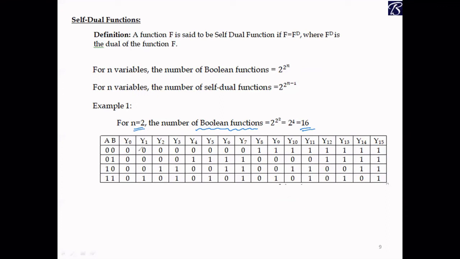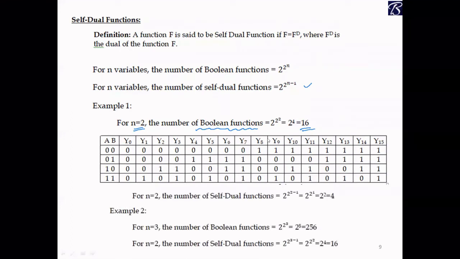Now let us see the self-dual functions in these 16. How many are possible? 2 power 2 power n minus 1. So the number of self-dual functions equals 2 power 2 power 2 minus 1, that is 2 power 2 power 1, that is 2 power 2, which is nothing but 4 self-dual functions possible here. Let us find them.